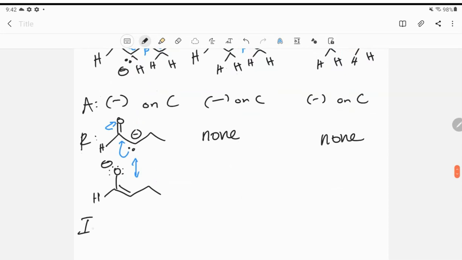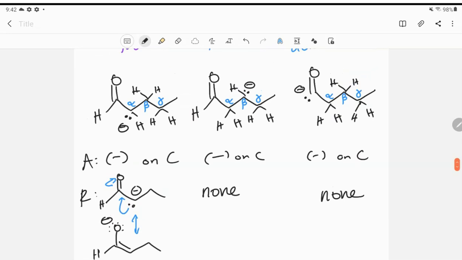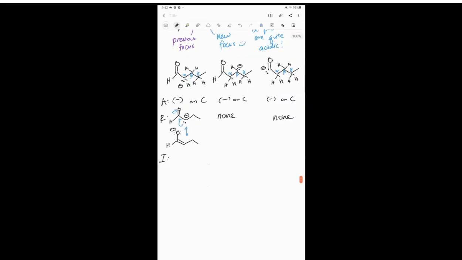In terms of inductive effects, remember inductive effects are how close you have an electron withdrawing group to your carbon of interest where your negative charge is. I'm going to go vertical for this one. In terms of inductive, we have the induction right next to our negative charge, right? We know that electron density is being pulled, electron density is therefore going to be donated that way.